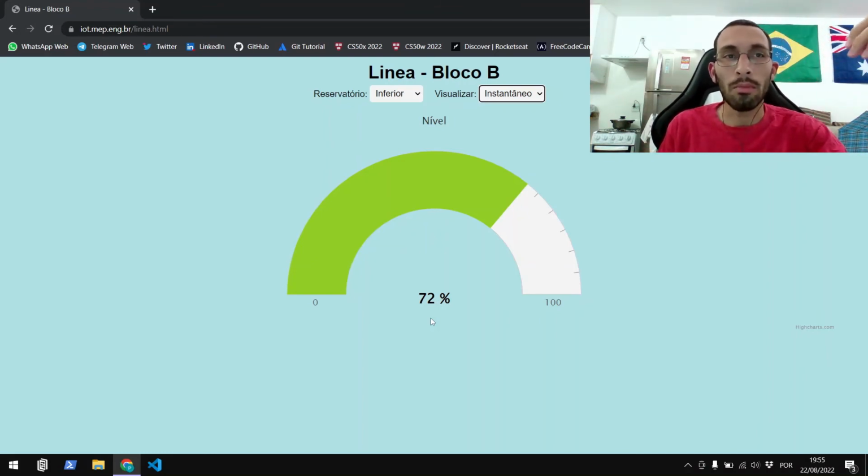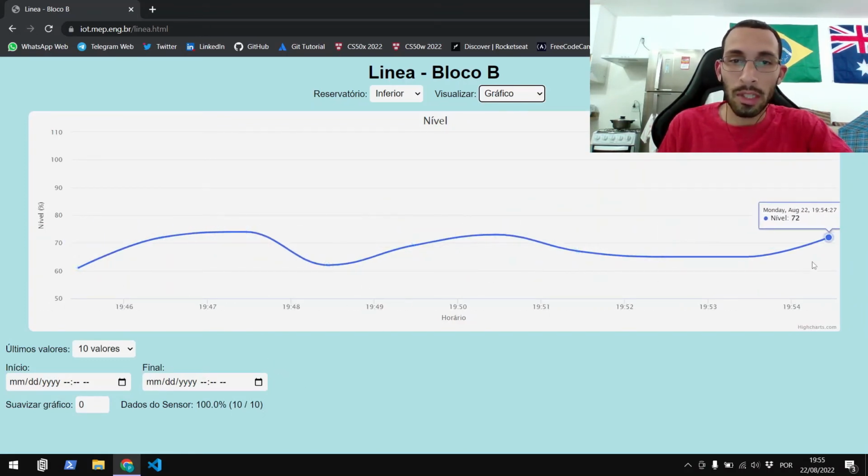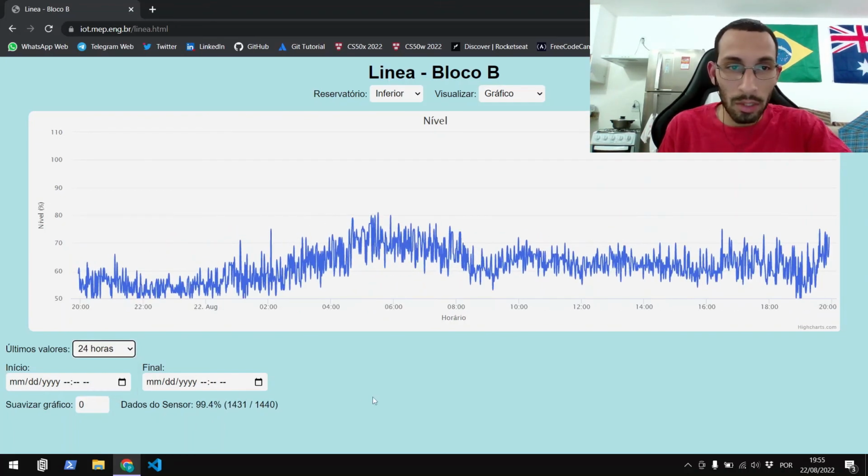Probably someone changed the position of the sensor, so the numbers are not accurate. But I can also show it as a graph, showing the 10 last values received from the sensor for that specific water tank. I can show also the last 24 hours. We can see that the data is not very pretty right now, but we can make it look much better.